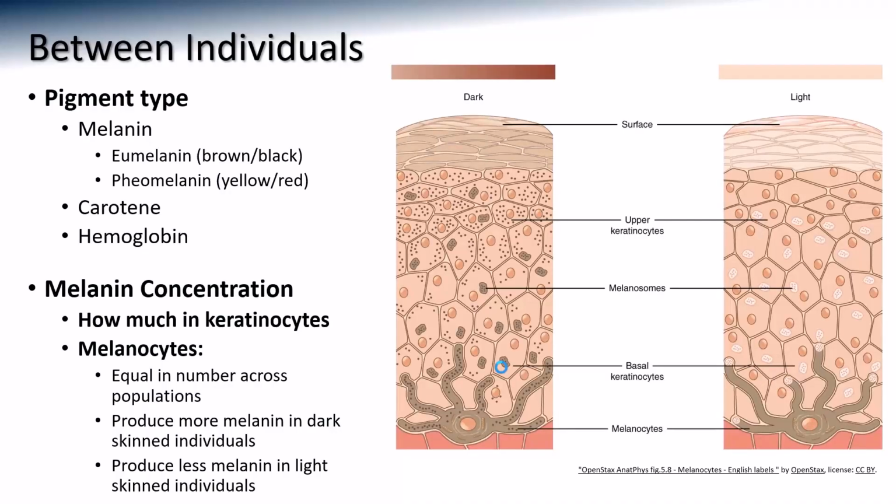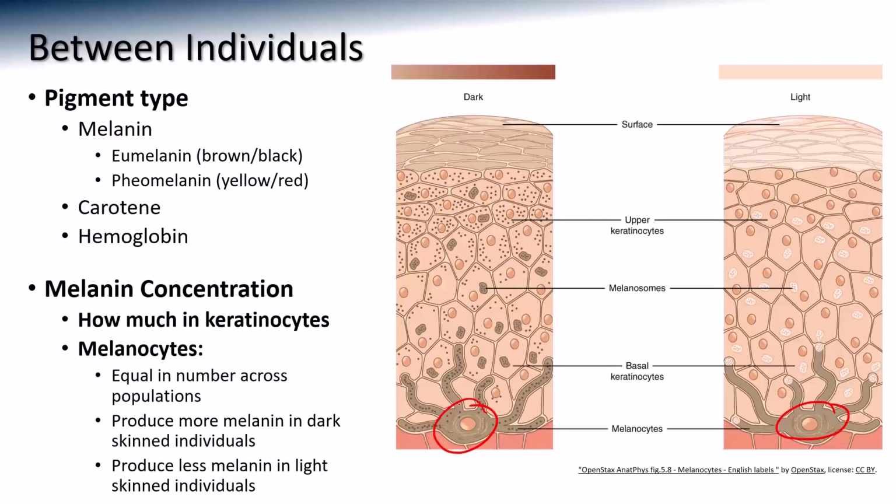So for melanocytes, the cells that produce our melanin, we tend to see pretty equal numbers across different populations. Populations around the equator tend to have the same number of these as populations really far north or really far south. What we do see, though, is that they are much more active in people with darker skin.